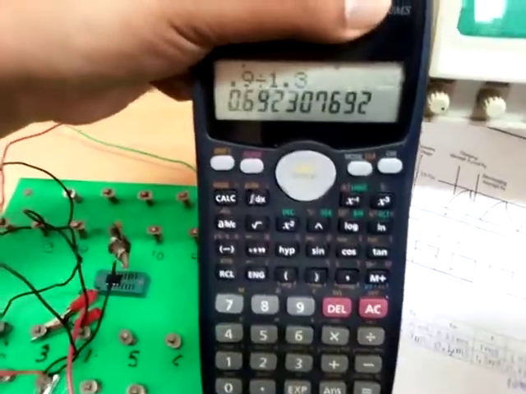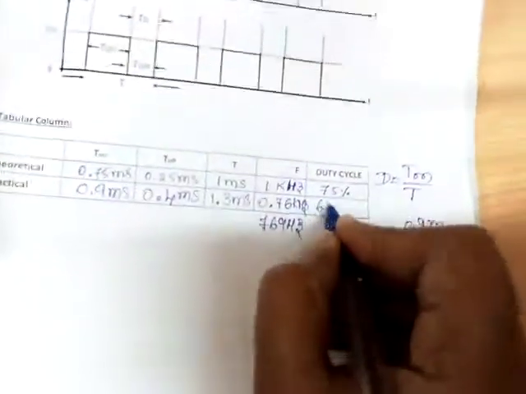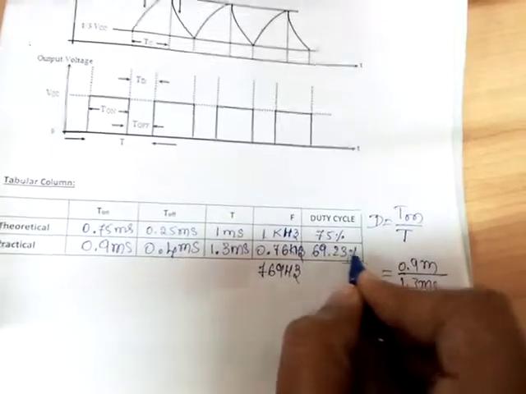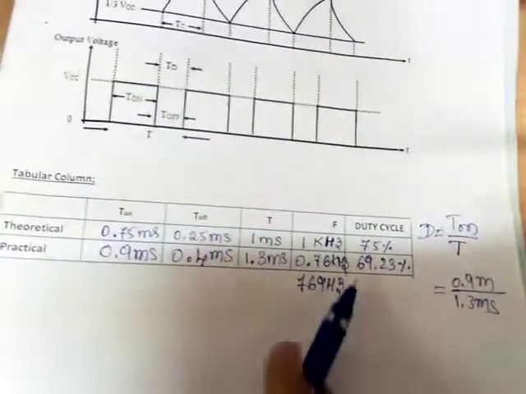We get 0.6923. Multiply by 100, because we need to express this in percentage, so we get 69.23%. For 75% we are getting approximately 69%. So this is the practical value of the duty cycle.